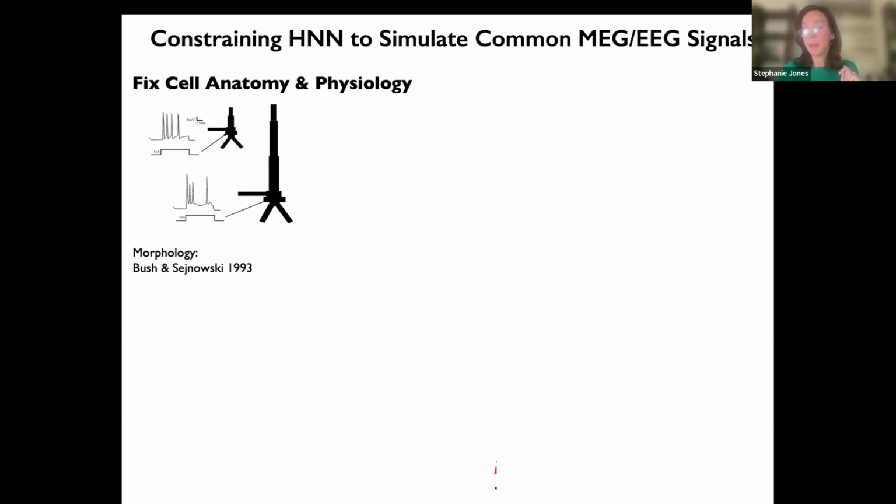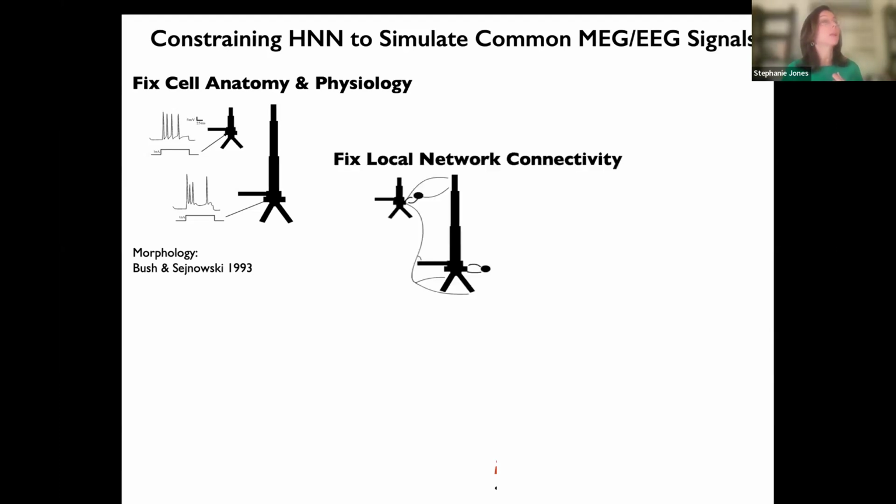This has been built mainly on information from the primary somatosensory cortex, but we found that this canonical cortical circuit can be applied to study other brain areas as well, because these signals outside of the head are reflecting this macro scale structure that's conserved across brain areas.